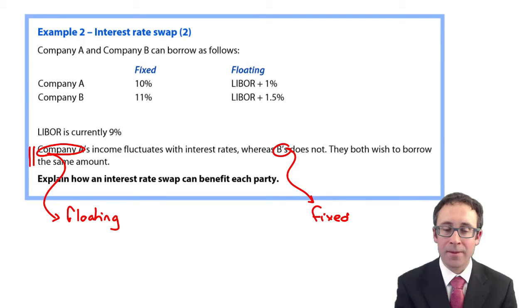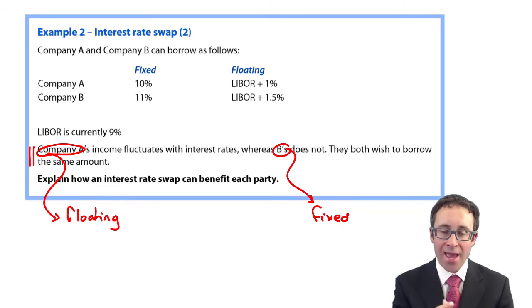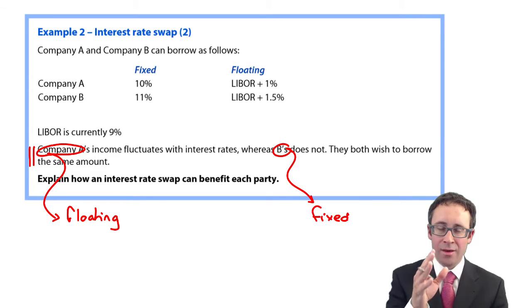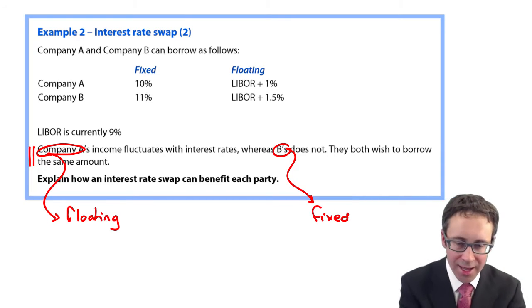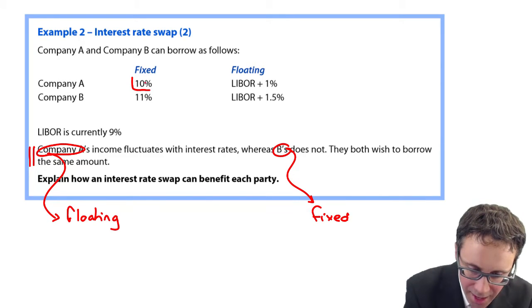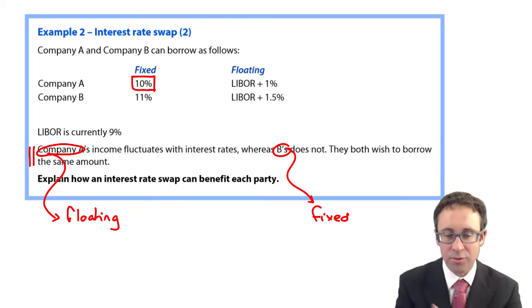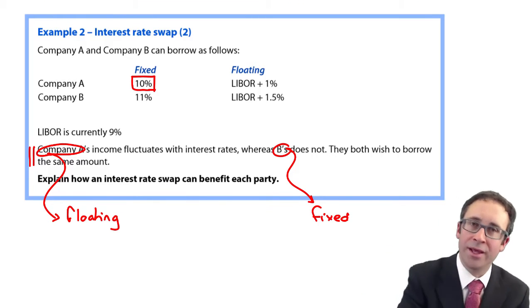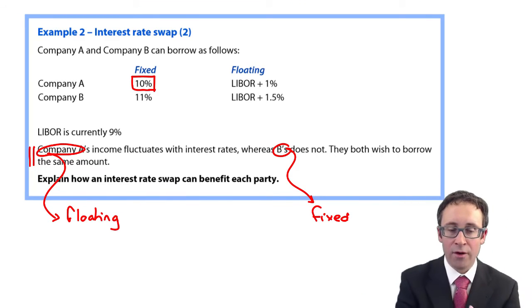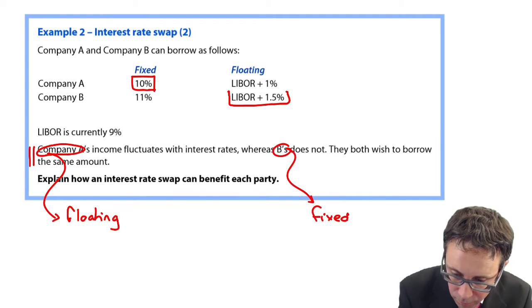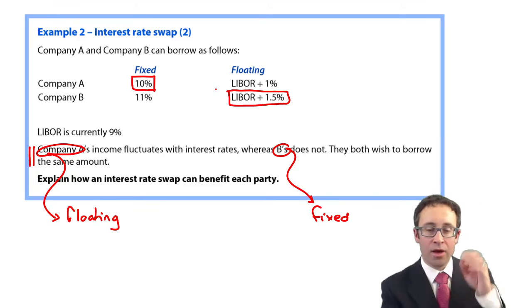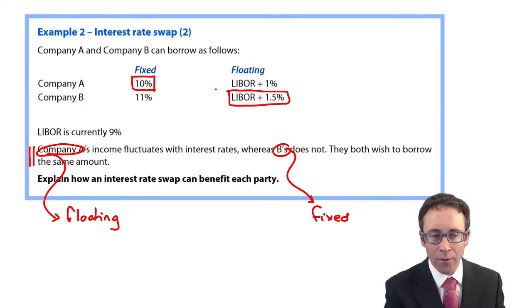However, company A should borrow in the market where it has the biggest savings. So company A should borrow fixed, which fits in well because if it borrows fixed, it will end up floating. And therefore, if company A has borrowed fixed, in order for it to work, company B should borrow at LIBOR.